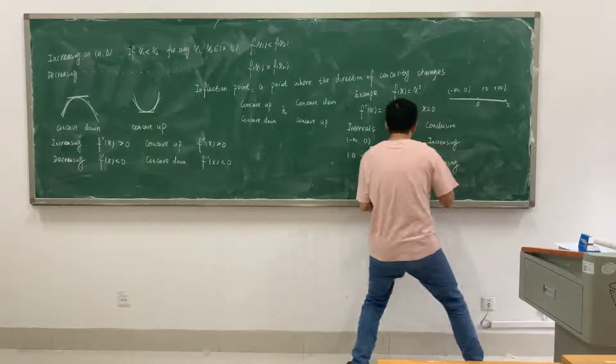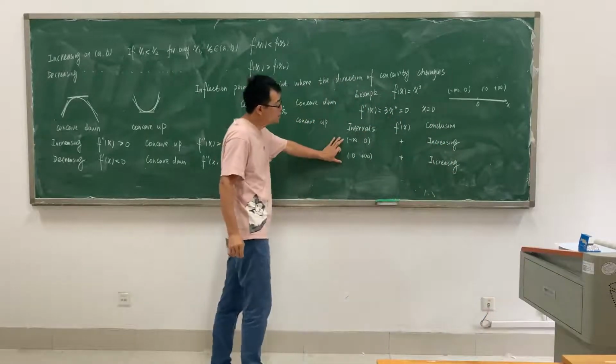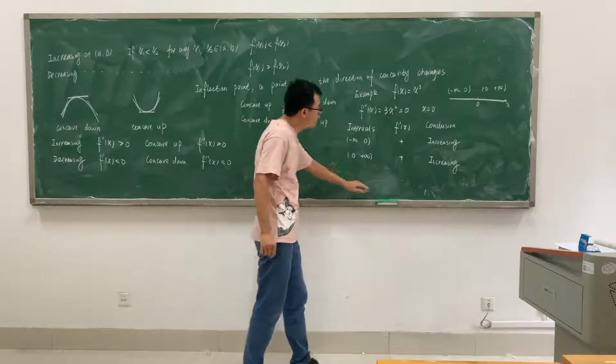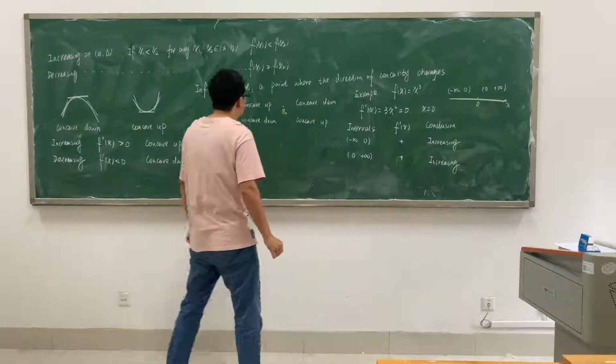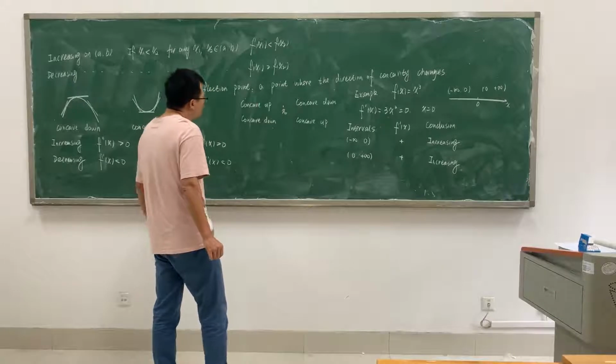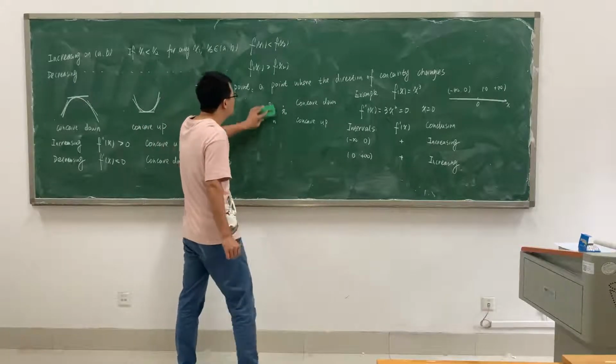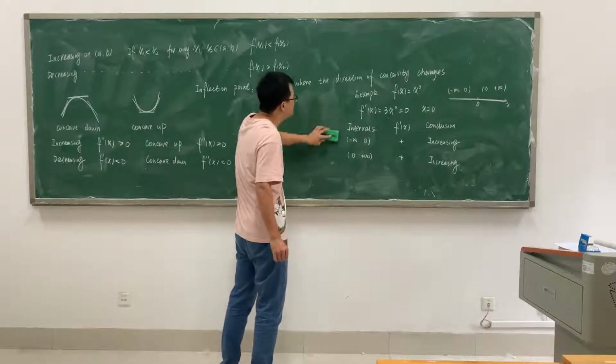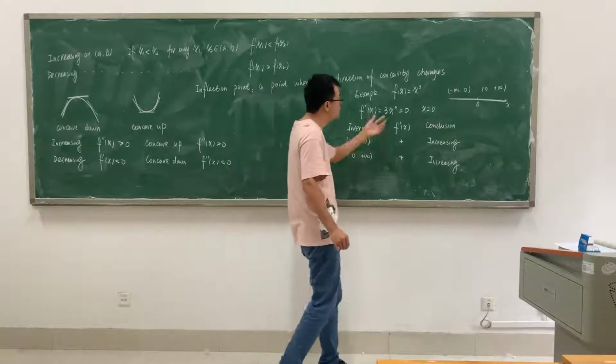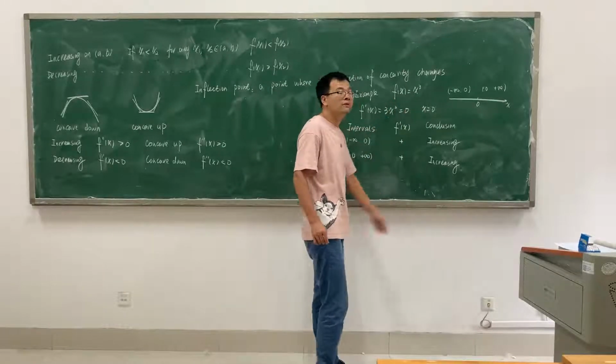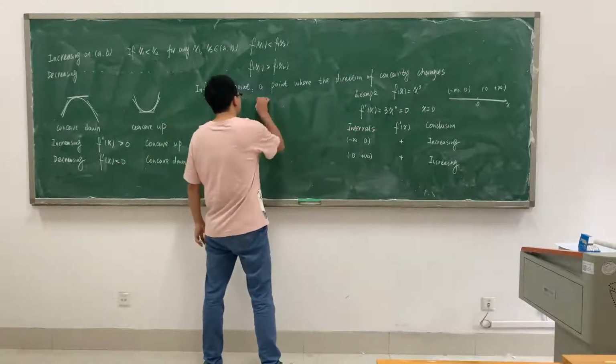This is the increasing interval. Now for the concave up and concave down, we need to find the second derivative.